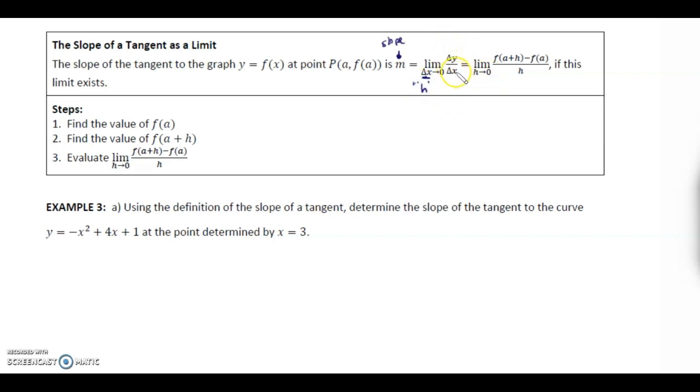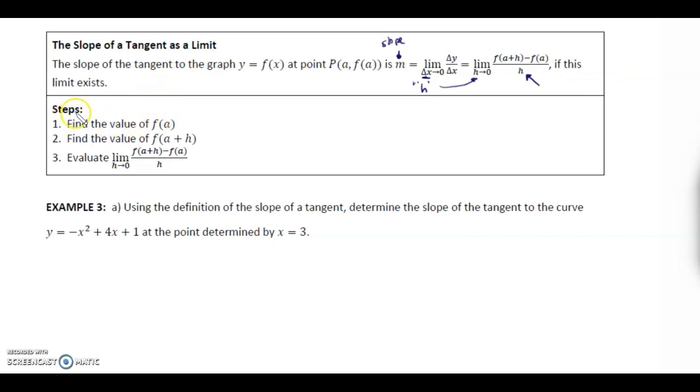Delta y over delta x, it's also equal to the limit as h approaches 0, right? What we just talked about. And f at a plus h minus f at a all over h. And that's what I highlighted in the last one. That denominator is always going to be that h value. Okay, if this limit exists.